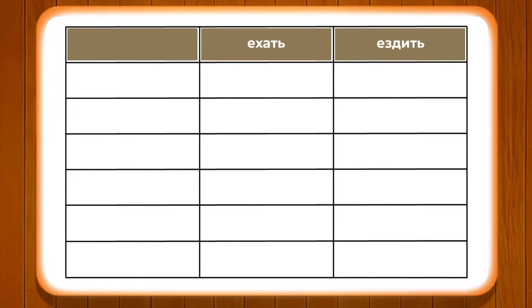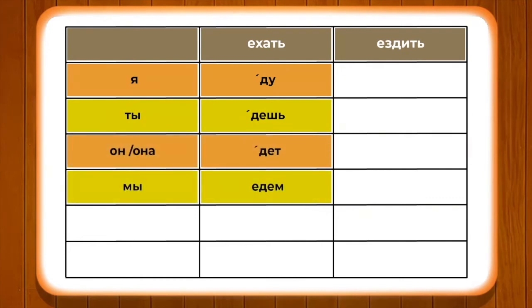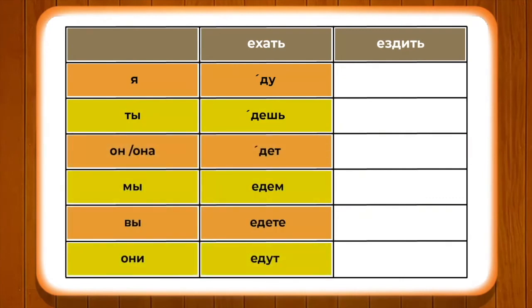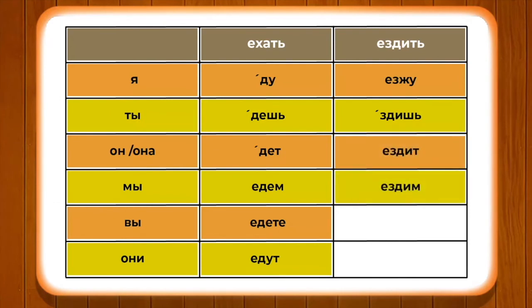So please pay attention to the conjugation while I quickly conjugate it for you. Я еду, ты едешь, он, она едет, мы едем, вы едете, они едут. Ездить, я езжу, ты ездишь, он, она ездит, мы ездим. Вы ездите, они ездят. So this is the basic difference.